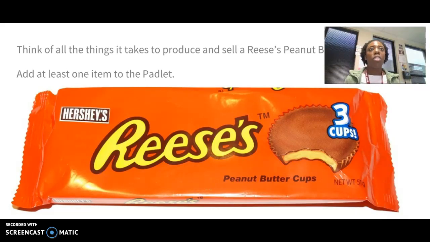No. What if there were no workers to help do all the harvesting and the producing and the packing and the driving and all that? We wouldn't be able to sell it, and so the people wouldn't be able to make money off of it. And what if there were no Milton Hershey? Would there even be a Reese's peanut butter cup? No. So that tells you that we need all four factors of production in order to produce something and sell something, all four of them.